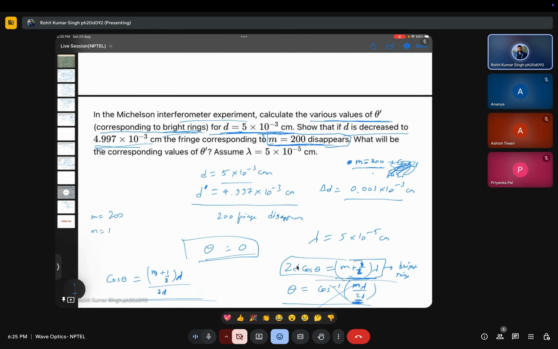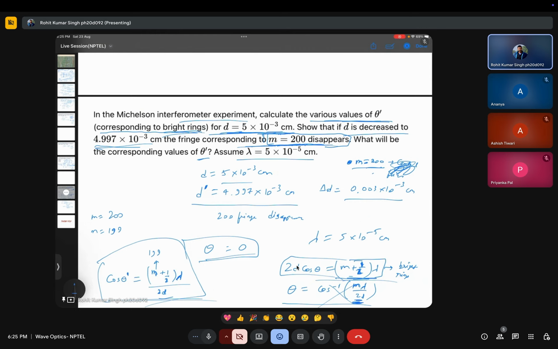So what remains is the 199th order, and you have lambda, you have been given theta prime. You can calculate using this formula. So basically just put 199 here. D is also given to you, right? So you can just do a simple calculation. So that's why this information was given, right?